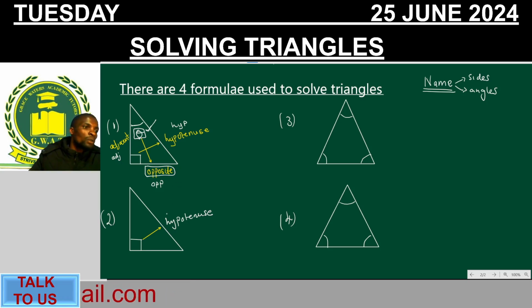That's right. So meaning to say here, we don't have a mother here and we don't have a mother here, so there is no opposite. Okay, if there is no opposite, then there is no adjacent. Put that in mind. So how do you name a triangle like the one in 2?